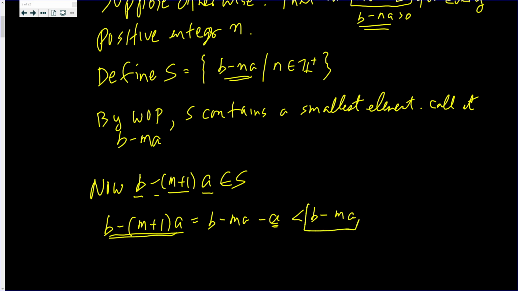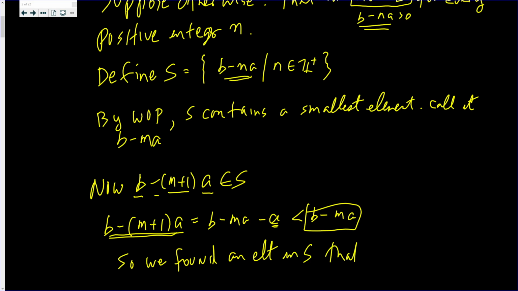I thought this was the smallest element. So, we found an element in S that is smaller than b minus ma. That's a contradiction.